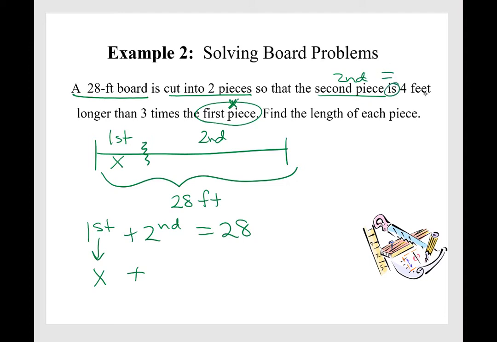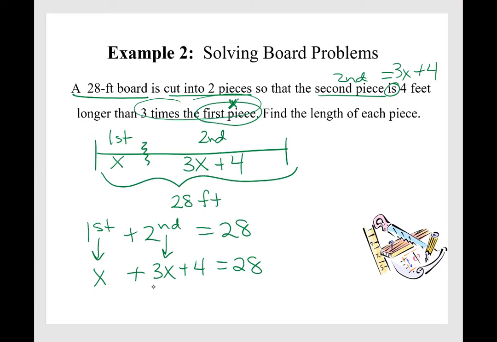Okay, 4 feet longer than means I'm adding 4 to something. Okay, 4 feet longer than what? Than 3 times the first. So 3 times x. So that second piece is 3x plus 4. So down here in my equation, instead of second, I'm going to put 3x plus 4. All right, so there is my equation that I'm looking for. x plus 3x plus 4 equals 28. That's the equation you need to solve.